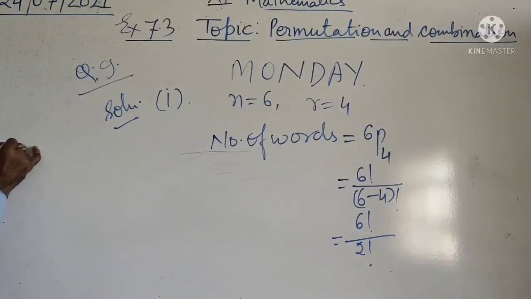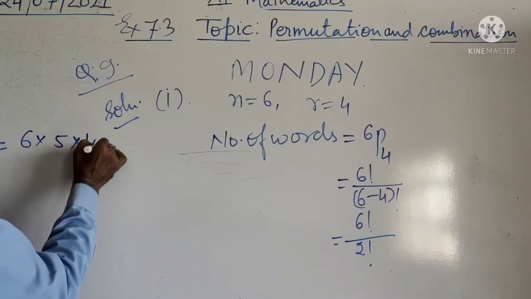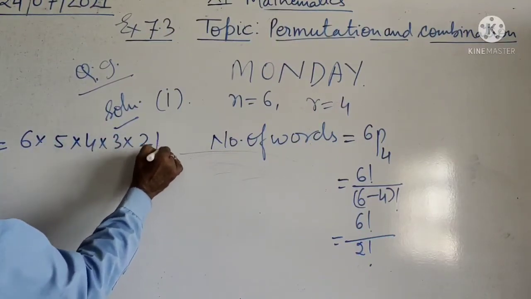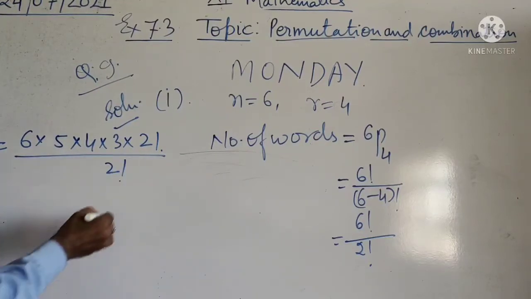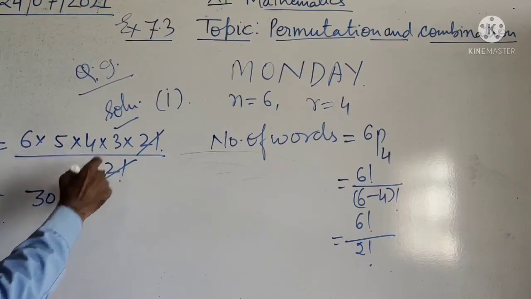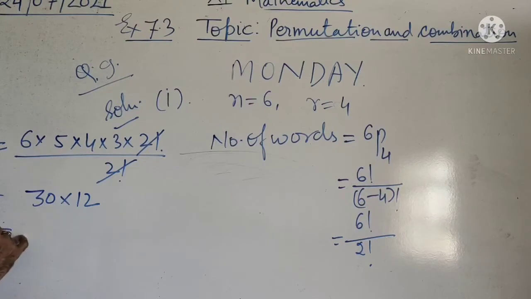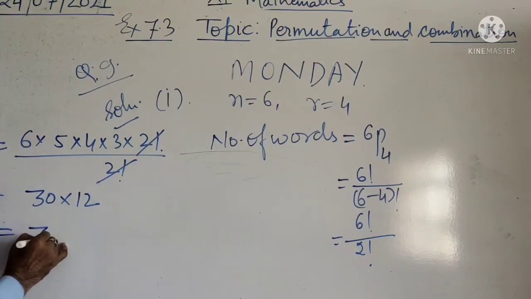It is 6 into 5 into 4 into 3 into 2 factorial divided by 2 factorial. 2 factorial cancels out. 6 times 5 is 30, into 4 times 3 is 12. So the total number of words is 360.